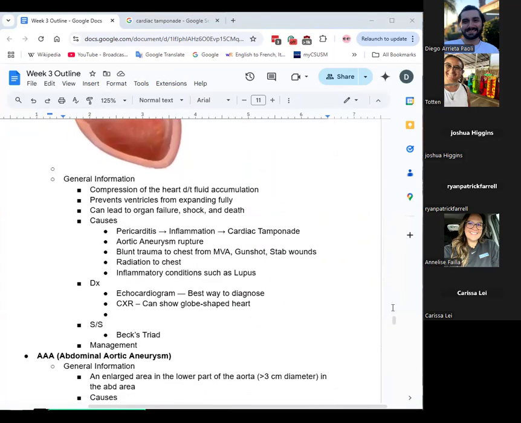Okay. So in terms of your hemodynamics, what do we see with the cardiac tamponade in terms of some of your Swan-Ganz values?